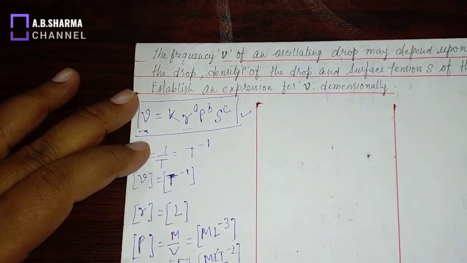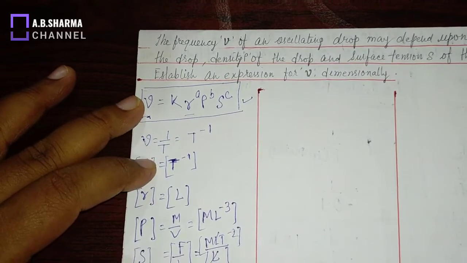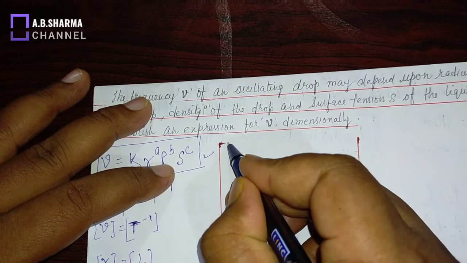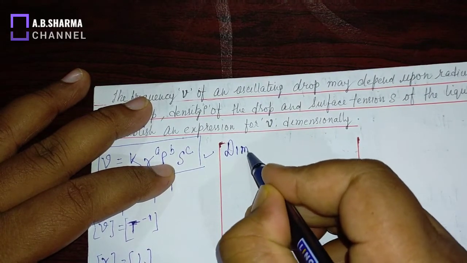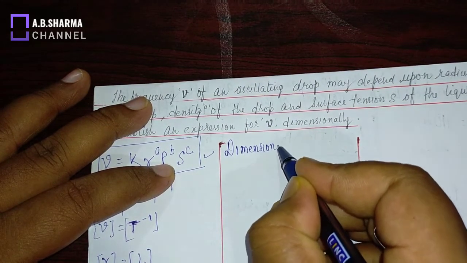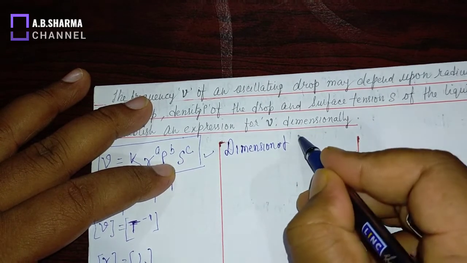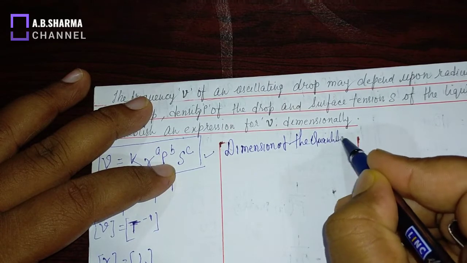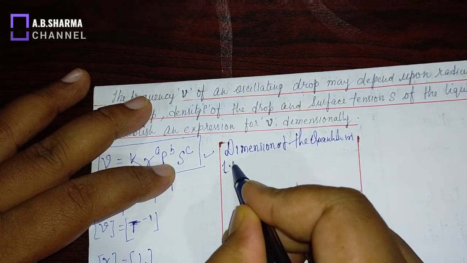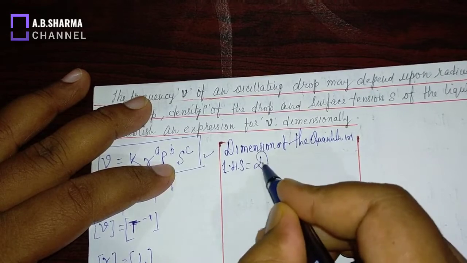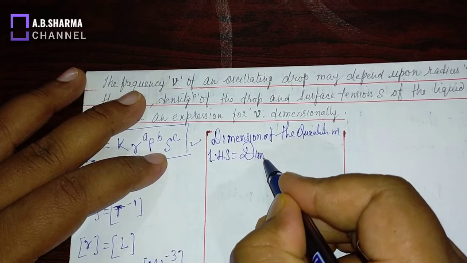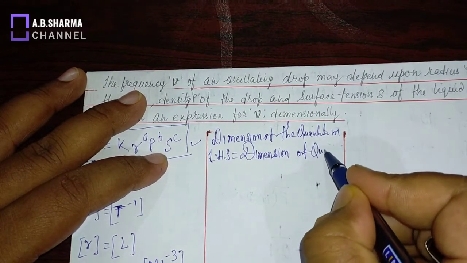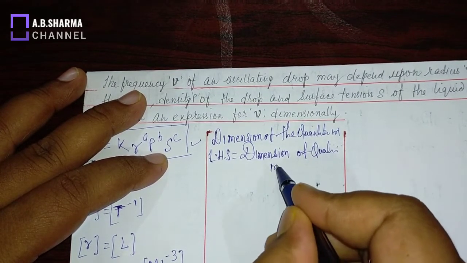Now for solving such questions, we have to make the dimensions of the quantities in the left hand side equal to the dimensions of the quantities in the right hand side.